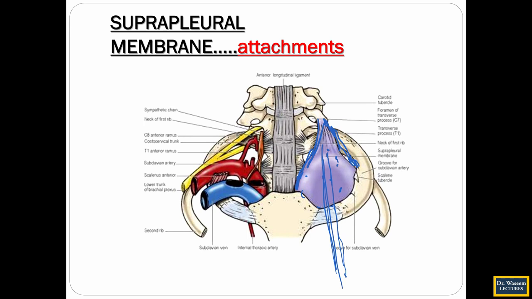Under that, whatever dome has been created, it is kind of another diaphragm, you can say, this time between the root of the neck and the thorax. But this is bilateral, this is on one side, and this will be on the other side also. You can see the structures will be passing between them.